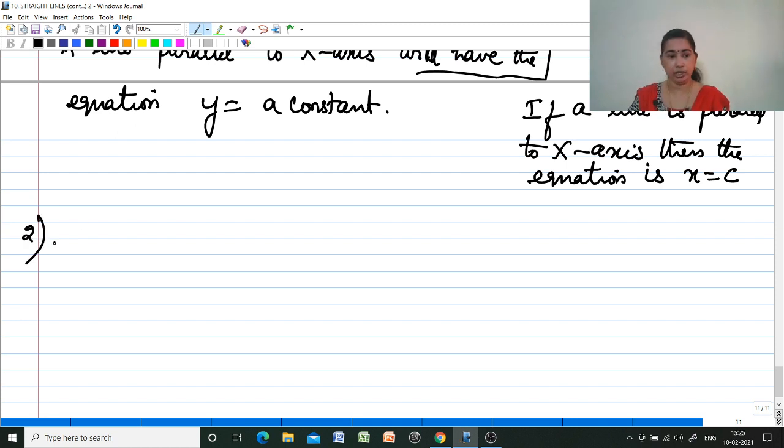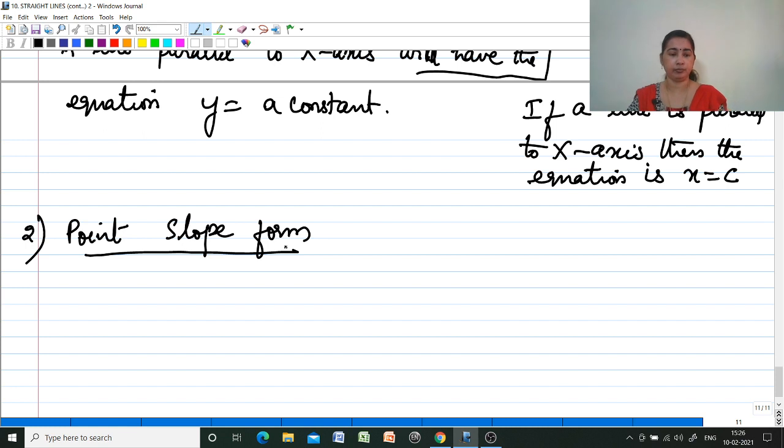Now the second equation is point slope form. What do you mean by point slope form? Point slope form means a point on the line as well as the slope of that line will be given.